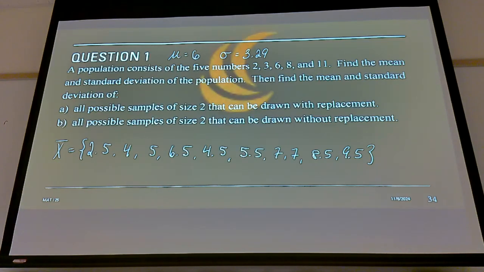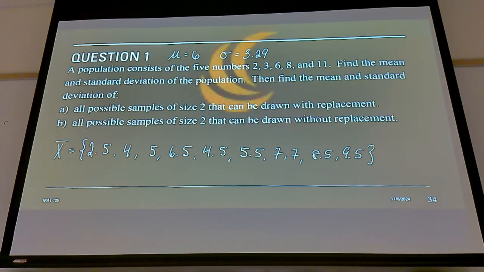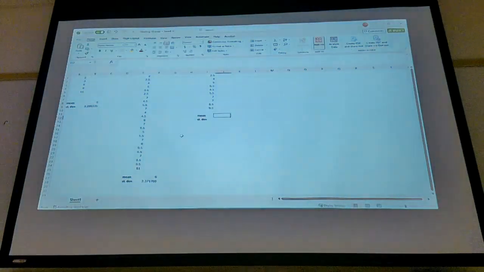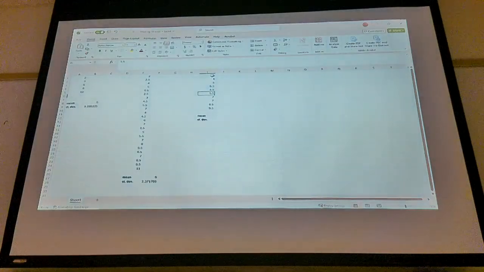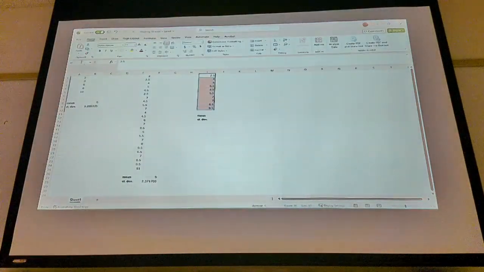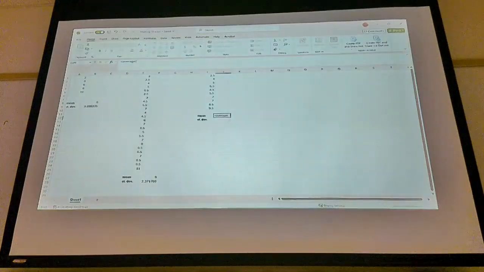All right, so again, I have them in Excel already. What am I going to name this? Let's name this samp mean. Once again, mean is still 6.